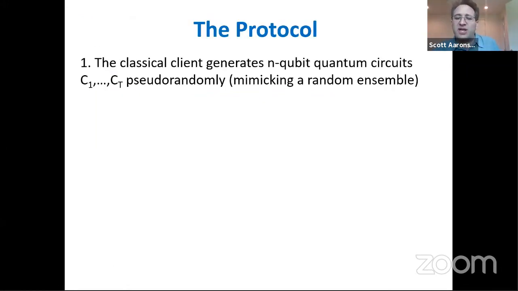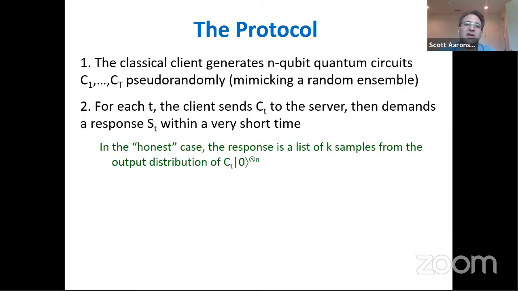Okay, so what is the protocol? Well, basically, it involves a classical client which generates quantum circuits on n qubits, call the circuits C1 up to Ct. It generates them pseudo-randomly, in a way that would mimic a truly random ensemble. Then at each round, little t in the protocol, the client sends the most recent circuit, C sub t, over to the quantum computer server.